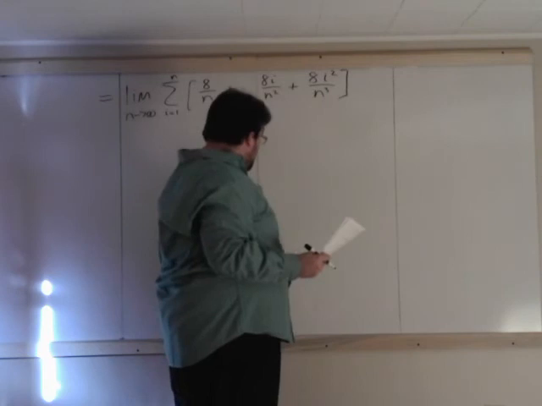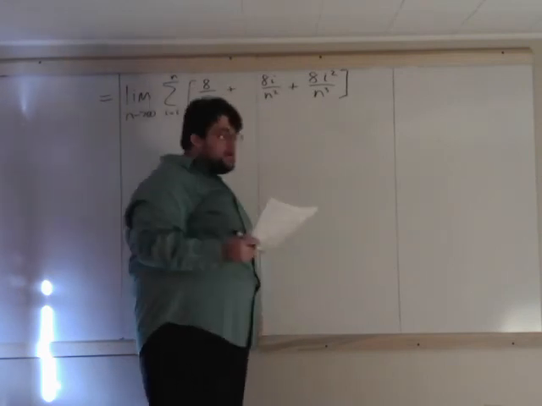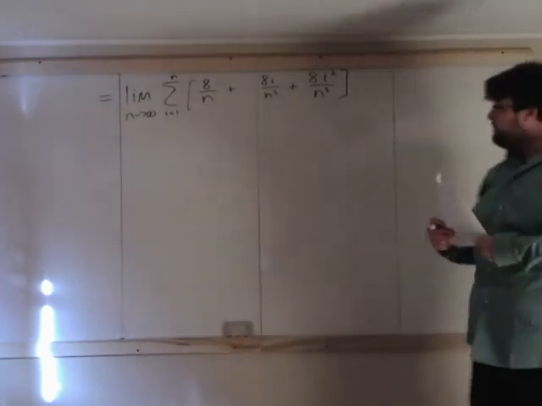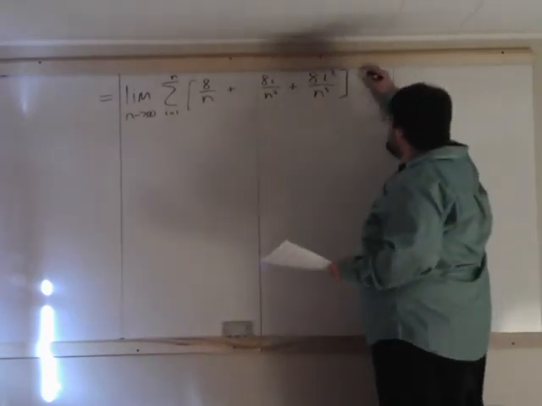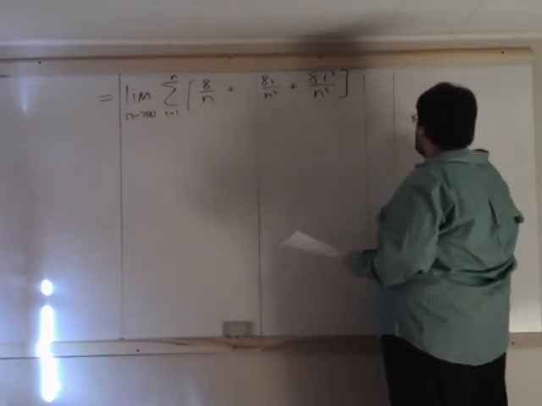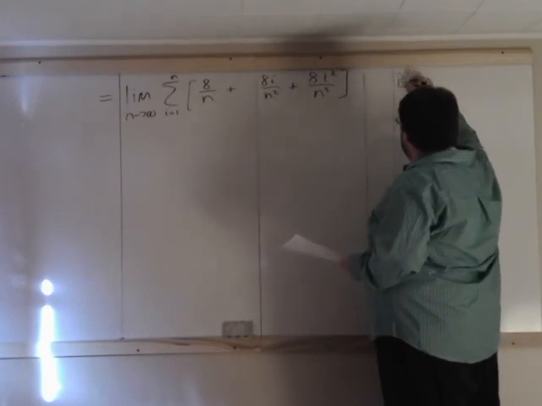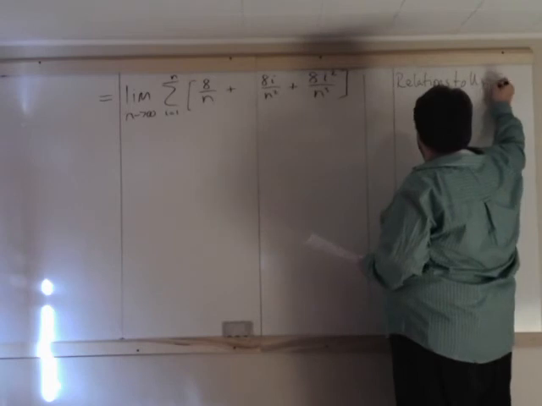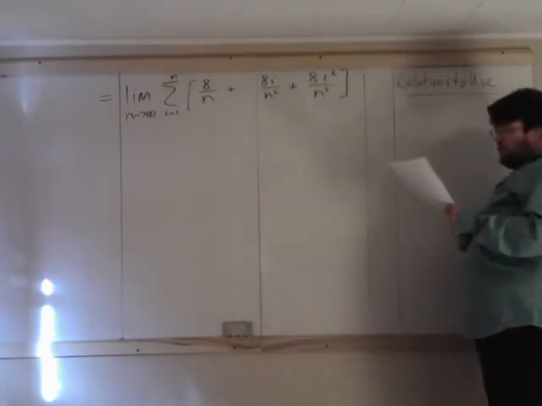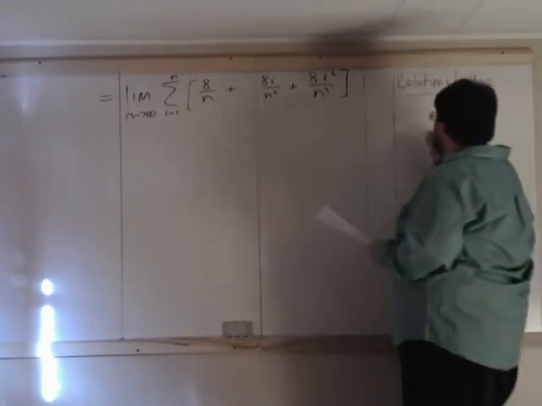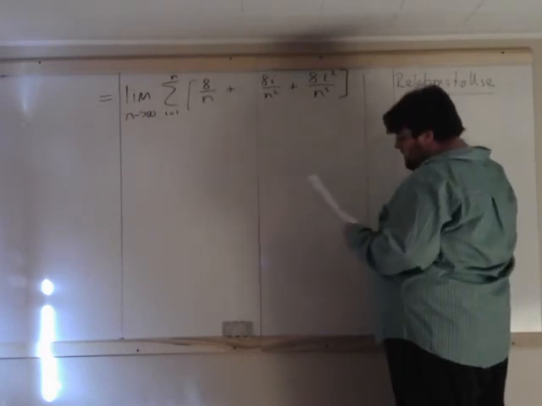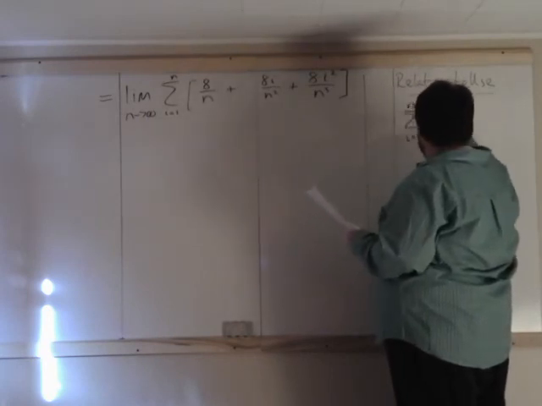Now you don't have to memorize these relations. If on a test I ask you something that would require these, I would write them on the side of the page. But I'm going to write them over here. Relations to use, 3 of them. The sum from i equals 1 to n of 1 equals n.